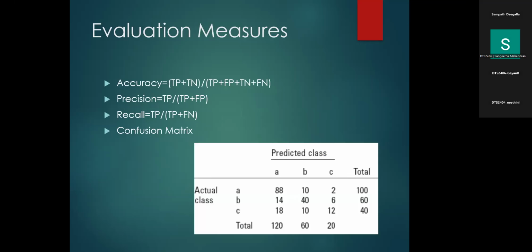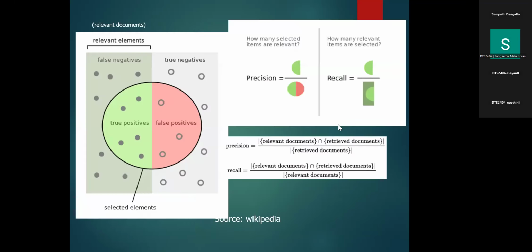Going to the next ones. Although accuracy is the only measure that we have discussed, there are many other measures: precision, recall, and so on. We have discussed accuracy and the confusion matrix, so let me discuss precision and recall. The two measurements actually came with document retrieval, like in Google search, for example.